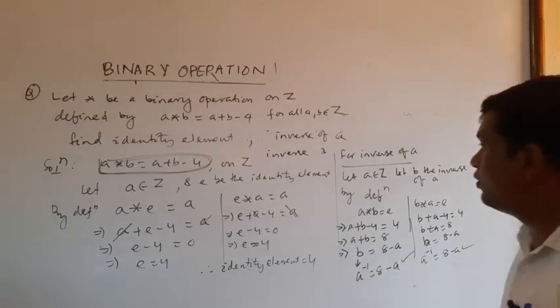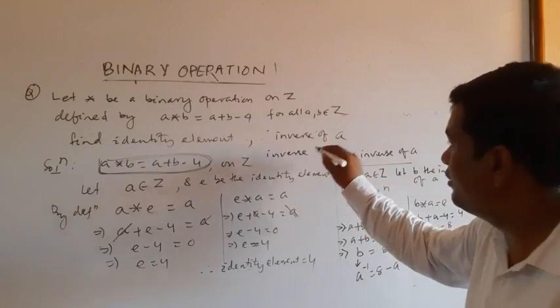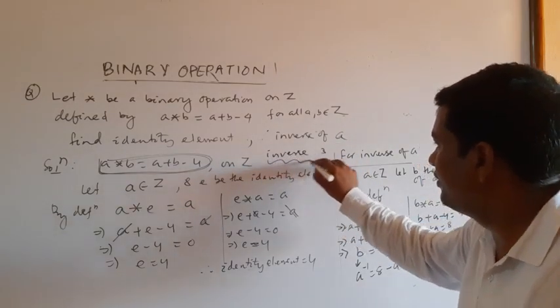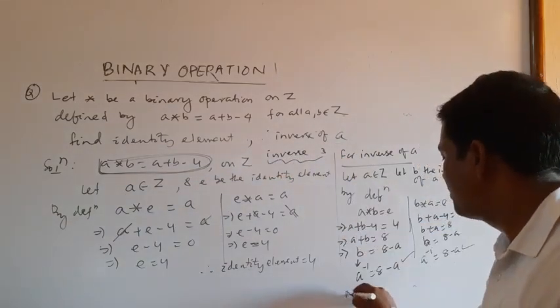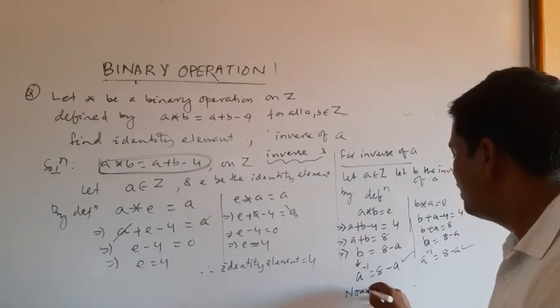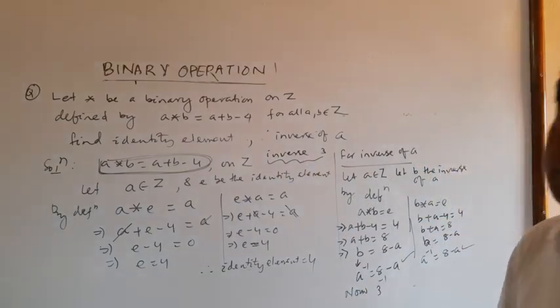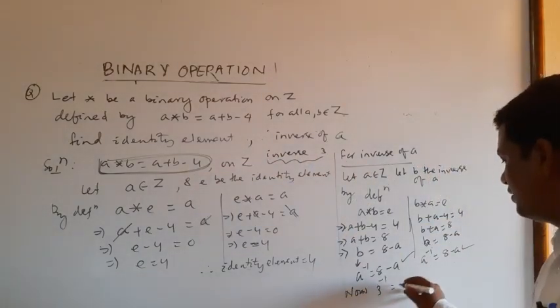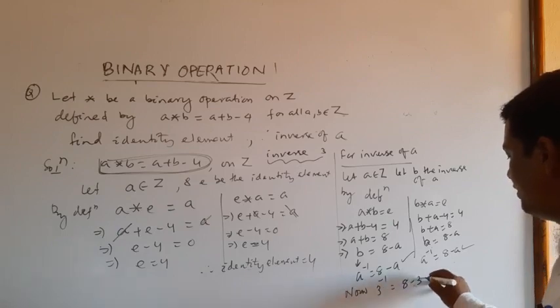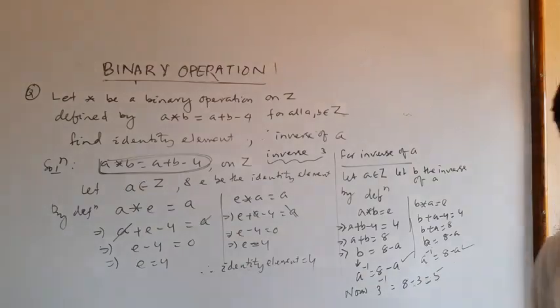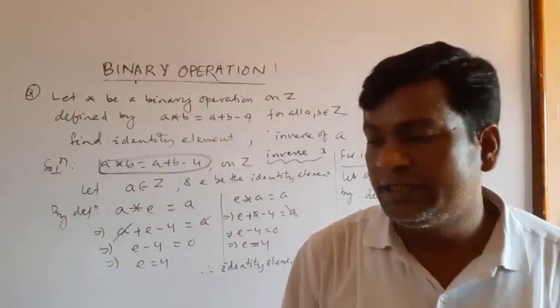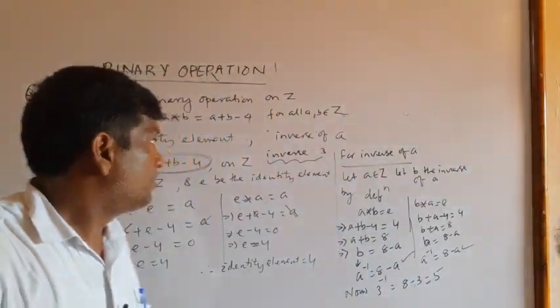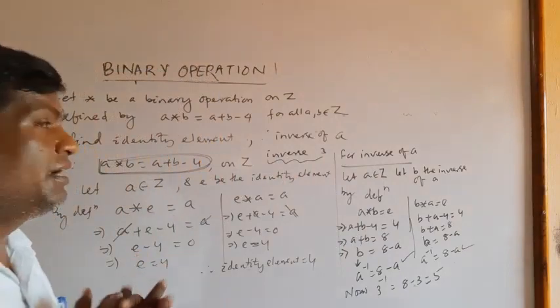Now, what is the inverse of 3? 3 inverse is equal to 8 minus 3, which is 5.